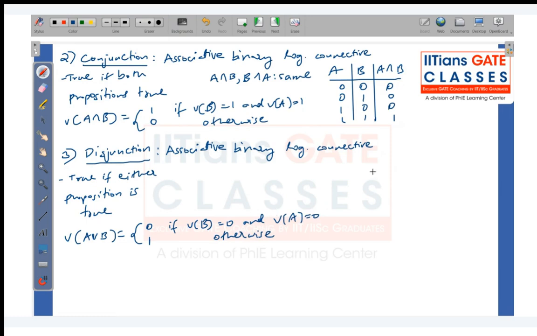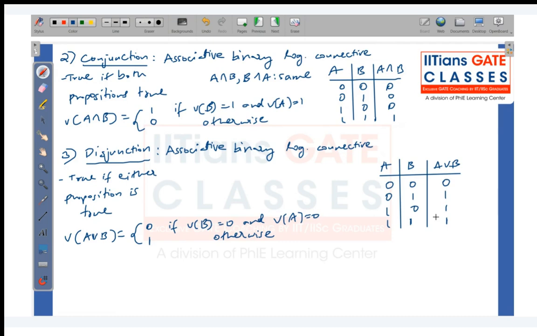Okay. So the truth table, what will it be? 0, 1, 1 and 1.